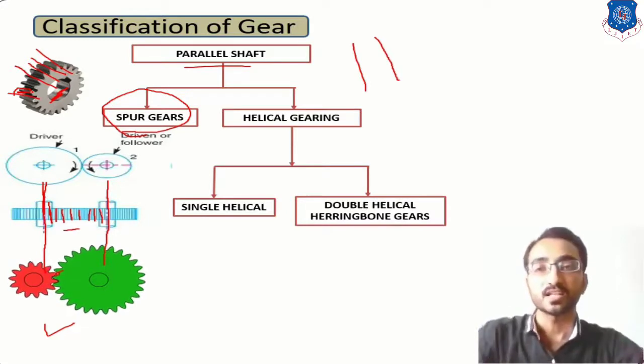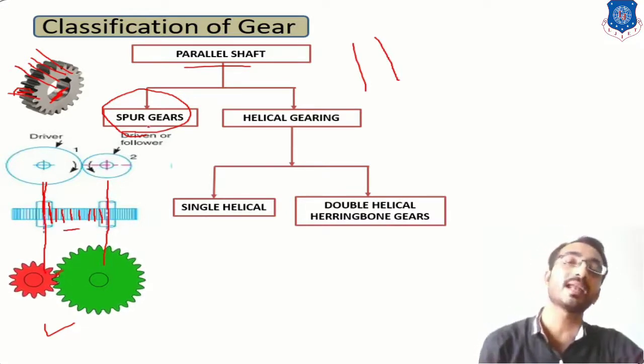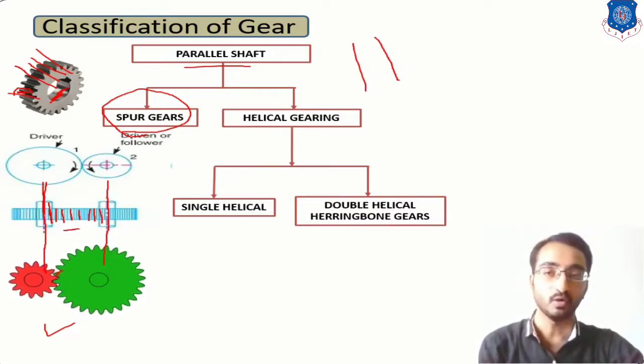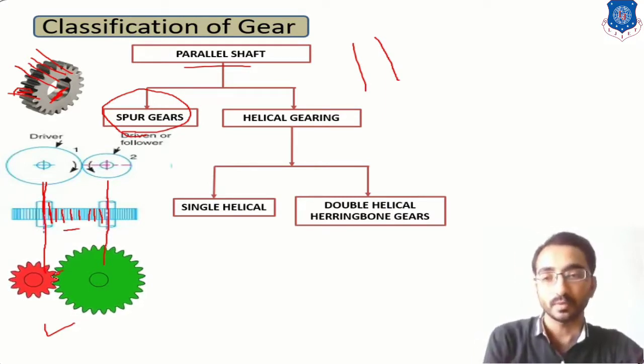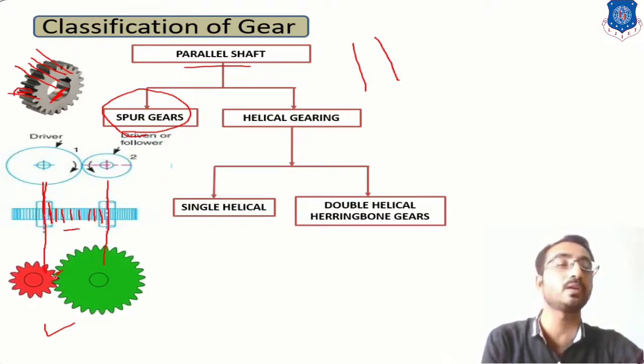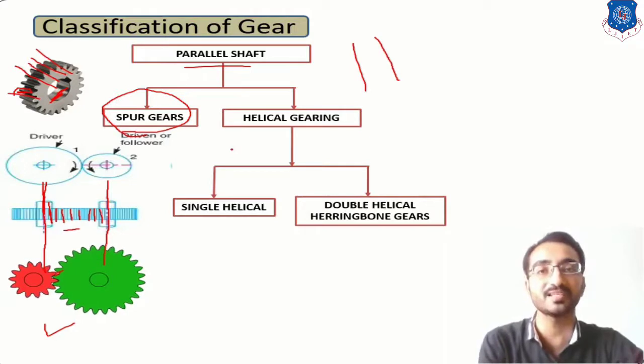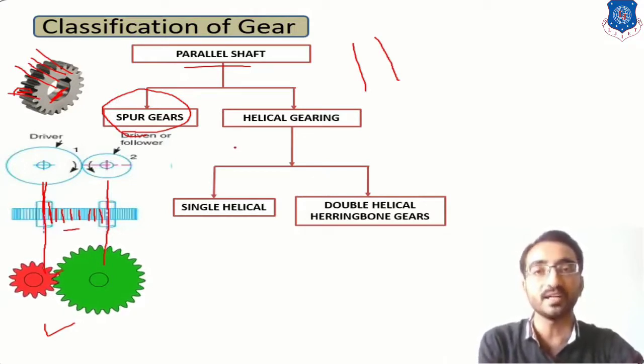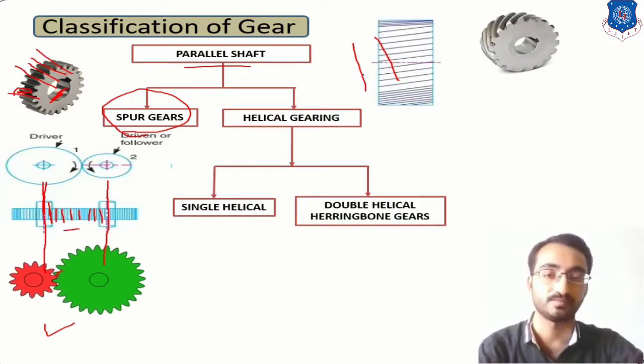That's why spur gears are not used for large power transmission, because it may produce some vibration and jerk due to sudden engagement and disengagement between two teeth. To overcome this difficulty, the second type of gear, the helical gear, came into picture.